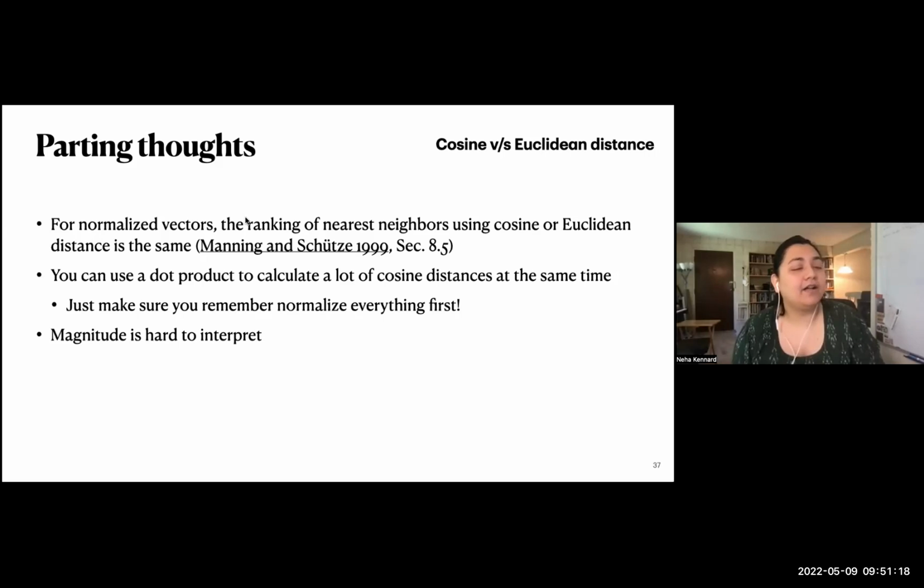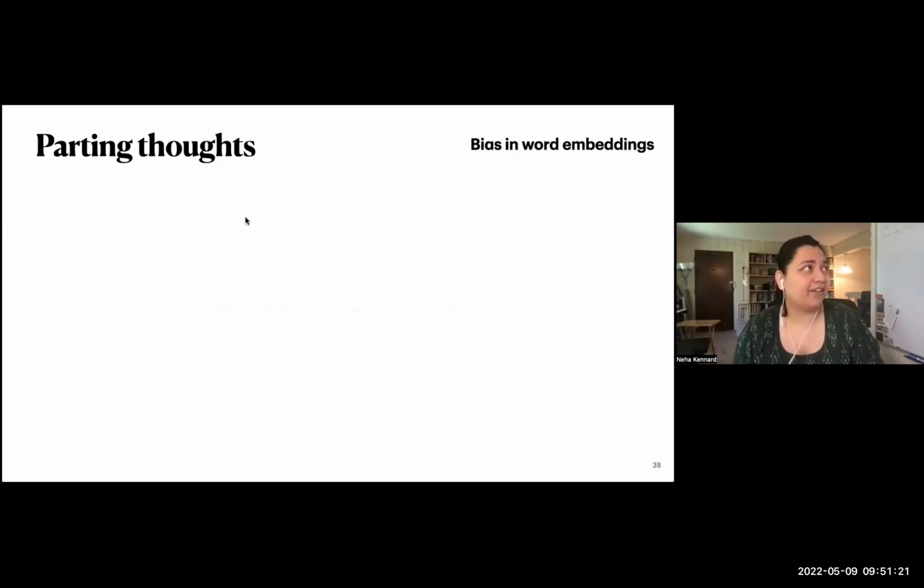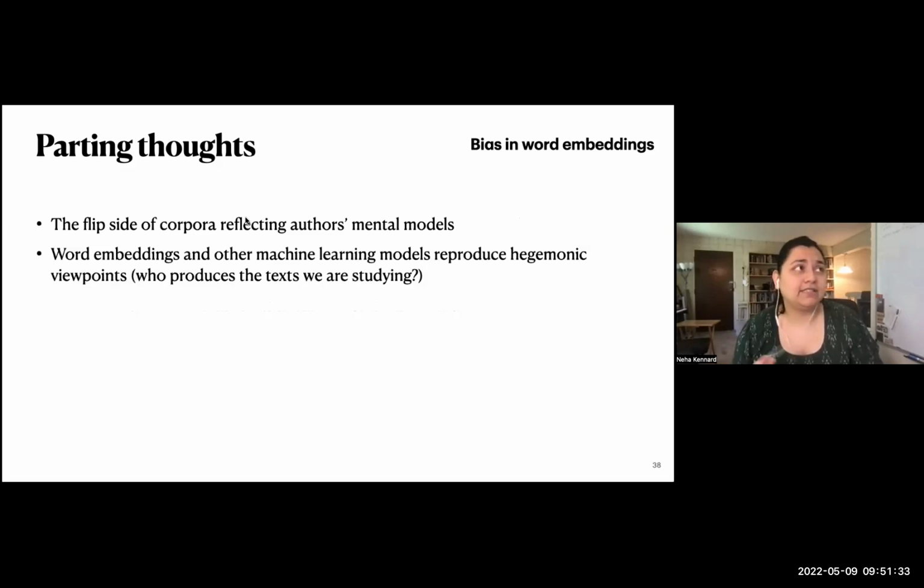The other parting thought I had was that if you're using word embeddings, you should keep in mind bias in word embeddings. It's the flip side of the fact that corpora reflect the authors' mental models. Word embeddings and other machine learning models tend to reproduce hegemonic viewpoints, because of who is producing the texts that we study, whether it's Reddit or news or, I don't know, old-timey something.